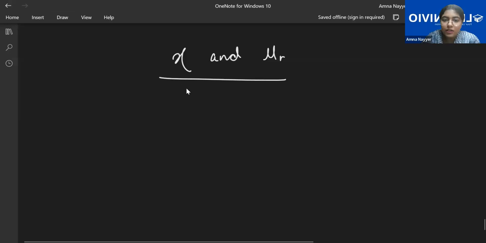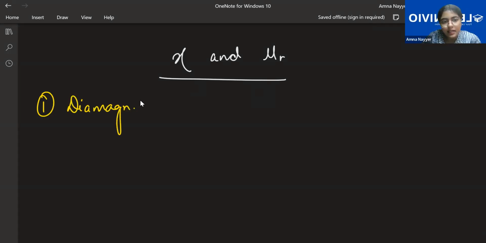See, when we are talking about susceptibility and mu r, for diamagnetic substances, as we have already discussed, unpaired electrons are completely paired up, right? So they are weakly repelled by the magnetic field.